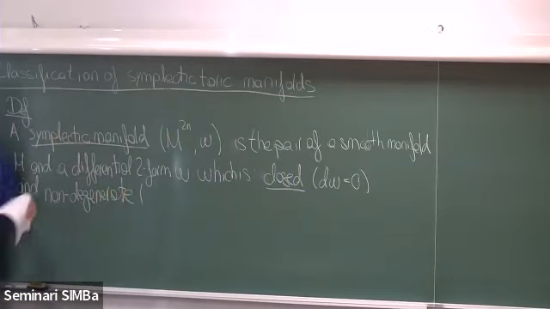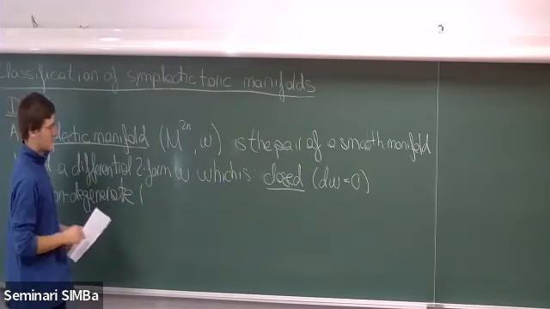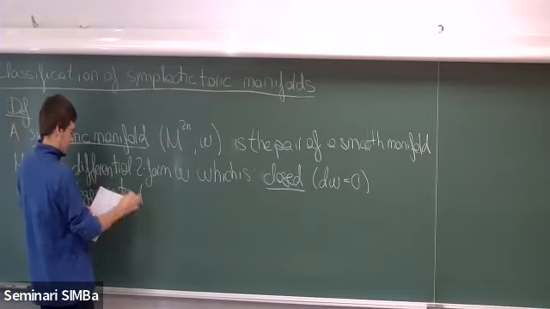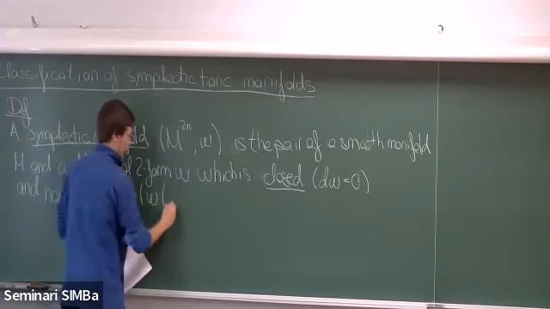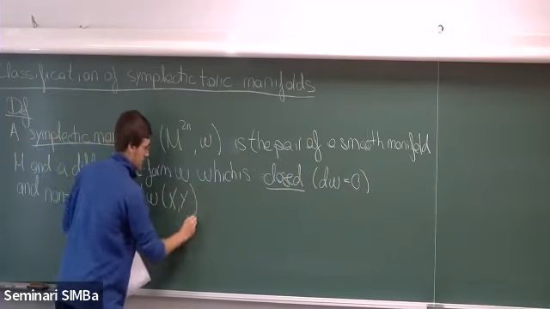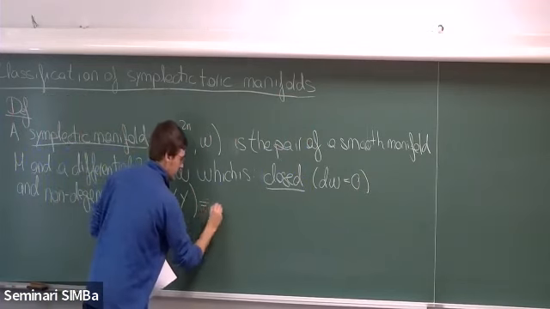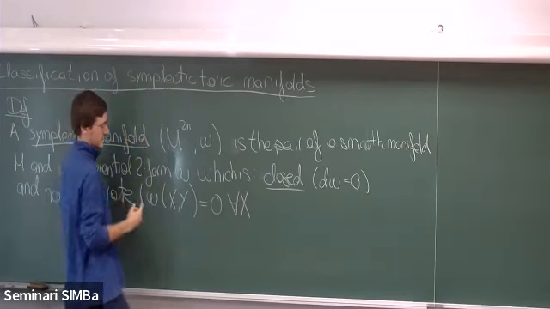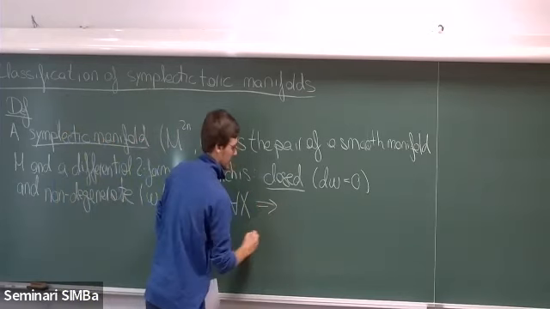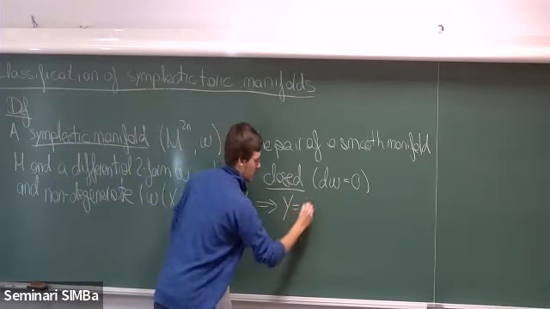That can be stated in many ways, but one of them, which is easy to write, is that if we contract this form with two vector fields, and this is 0 for any vector field we put in the first place, this means that the second one was 0.